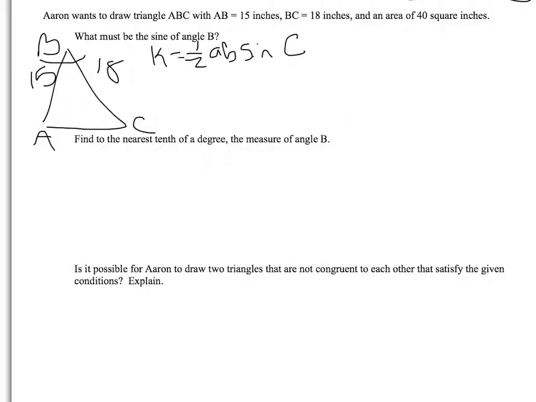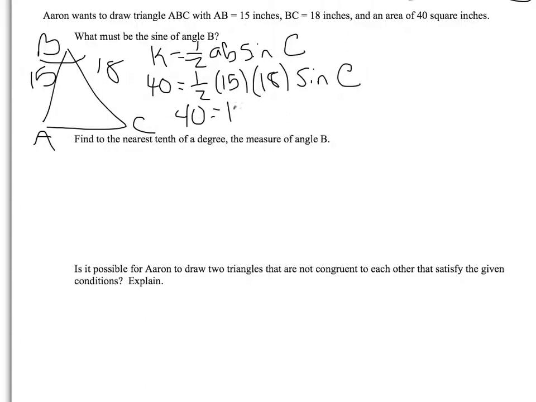Fill in what you know. 40 is equal to 1/2 times 15 times 18 sine of C. Half of 15 times 18 is 135. Divide by 135. So you get sine of C is equal to, when that fraction is reduced, 8/27.